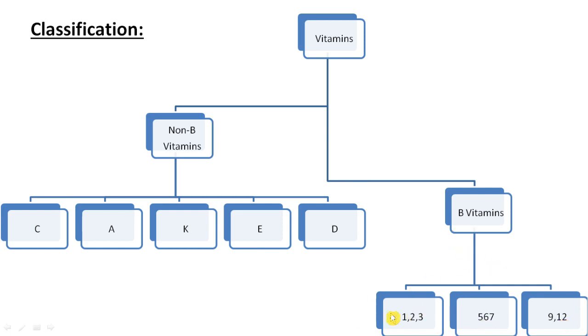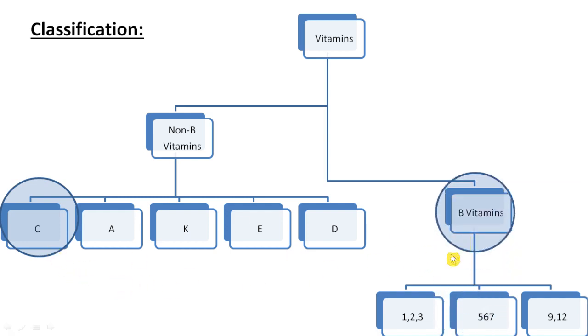Every one of these has a name which we will cover in the next slide, but just remember that vitamins are non-B vitamins, which are caked, and B vitamins, which are 1, 2, 3, 5, 6, 7, 9, 12. Here you have vitamin C and vitamin B, the two extreme vitamins.